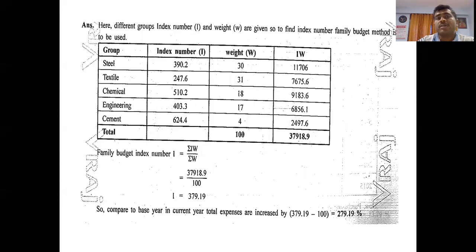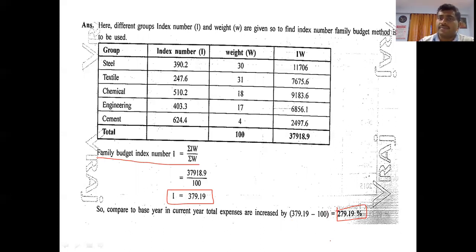I is there, W is there, IW is there. Family budget method has come into play. And what is the formula? I is equal to sigma IW upon sigma W. The final answer comes to us 379.19. And the percentage increase comes to how much? 279.19%. Clear?